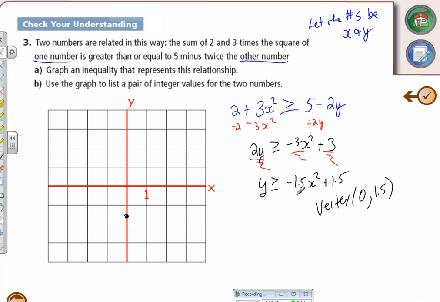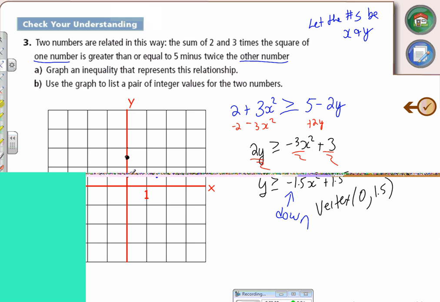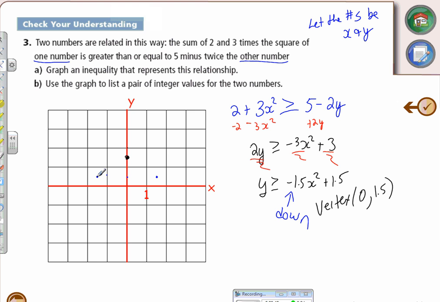The stretch is the negative 1.5, so it's opening down. I can find the next 2 points by going from here 1 down and 1.5 on either side. There's my graph.